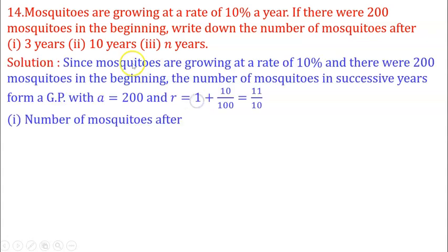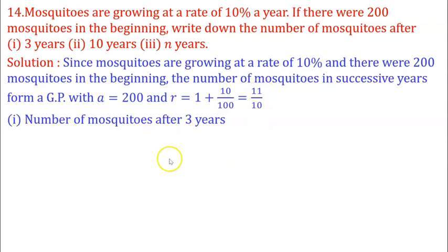Since the mosquitoes are growing at the rate of 10% and there were 200 mosquitoes in the beginning, the number of mosquitoes in the successive years form a GP with A equal to 200 and R equal to 1 plus 10 upon 100, that is nothing but 11 upon 10.